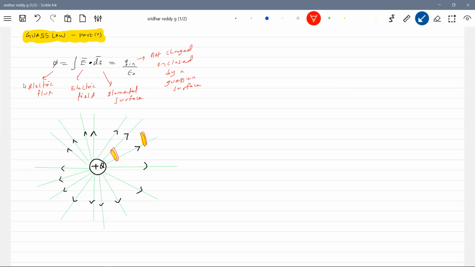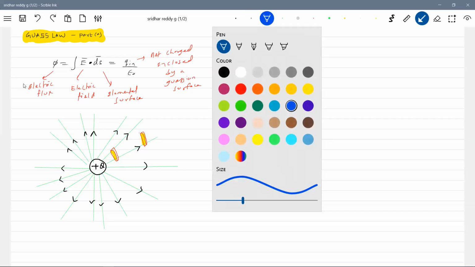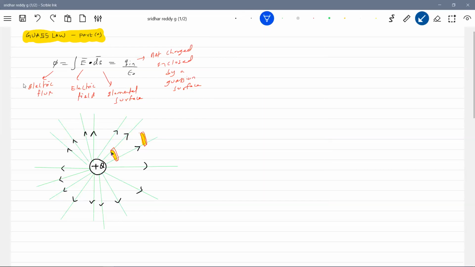So how much field strength at the location of the first surface? Roughly in this direction. Let me take some other color. Somewhere in this direction, so what is the value of E bar here? E2. What is the value here? E bar is E1.